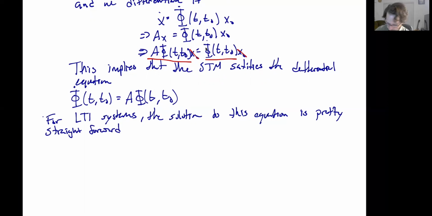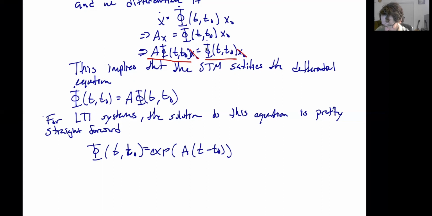Namely, you can find it through evaluating what we call the exponential matrix, e to the A times t minus t naught. Okay, so the exponential matrix we can compute using MATLAB, and then you can also calculate it by hand.